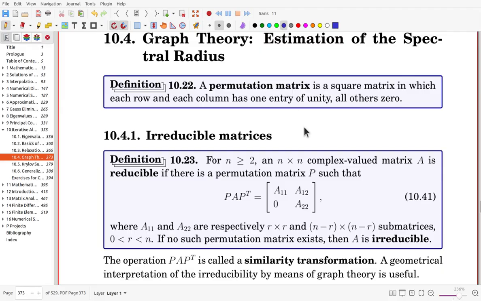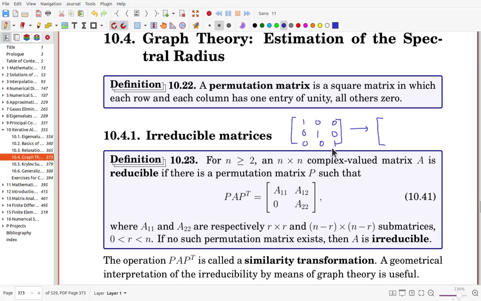Let's see this example. Start with an identity matrix. In 3D, we have this identity matrix: 1, 0, 0, 0, 1, 0, 0, 0, 1. Now we apply row interchange operations.